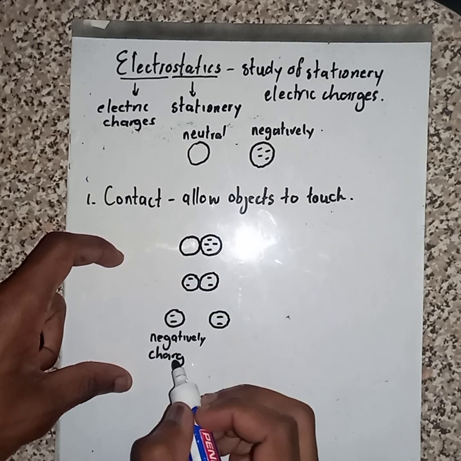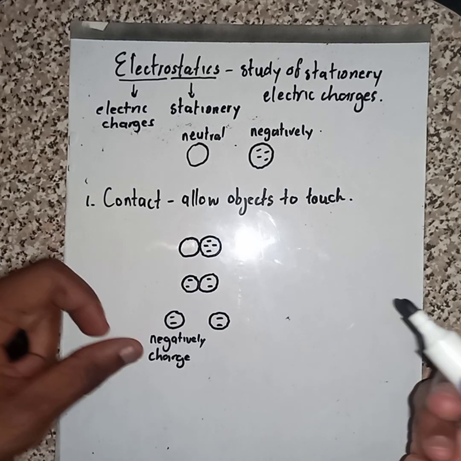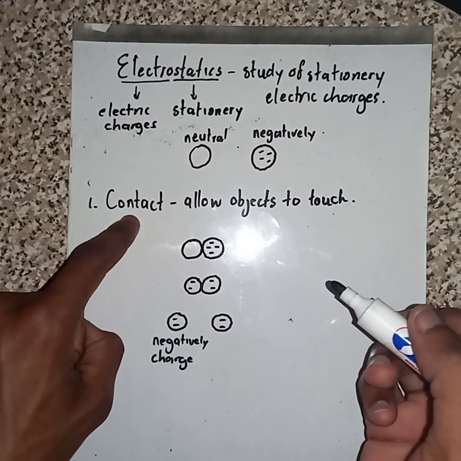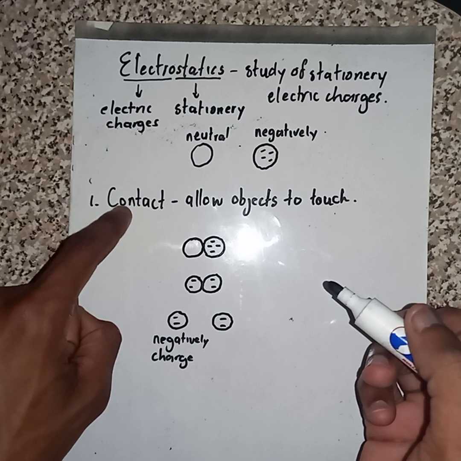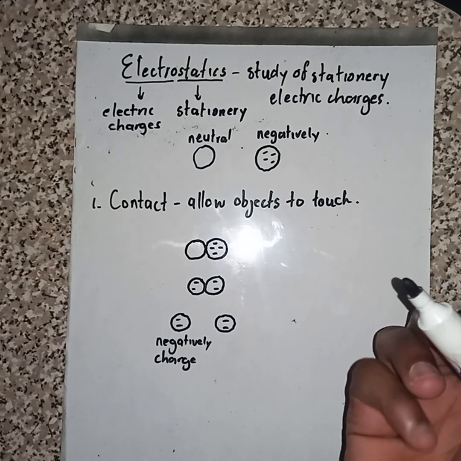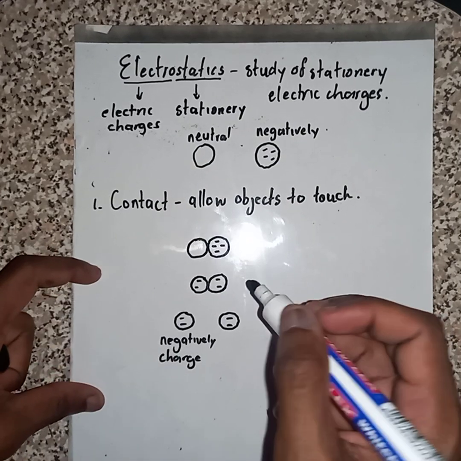This was before, then after. It's negatively charged. We can charge an object using this method of contact, by allowing them to touch each other.